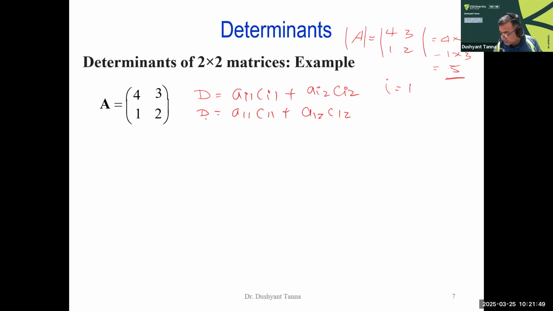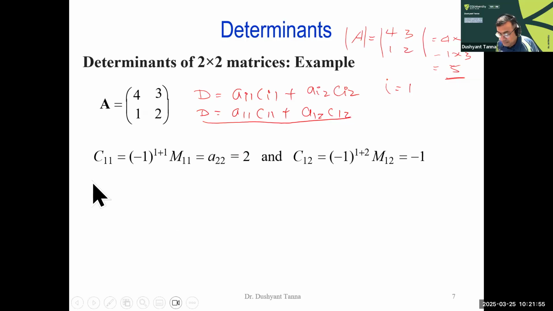Okay, so in order to find the determinant, we need C11 and C12. So C11, as per the definition, what is Cij? Minus 1 power i plus j times Mij. So if I'm saying 1, 1, that means minus 1 power 1 plus 1, M11.